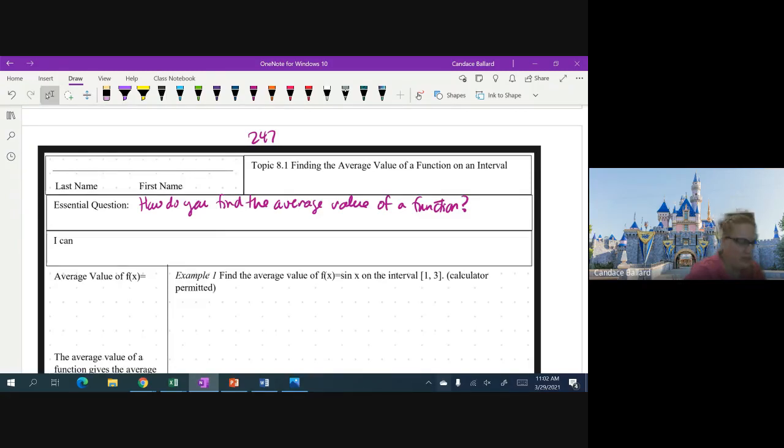Okay, and then our I can statement is: I can determine the average value of a function using definite integrals.